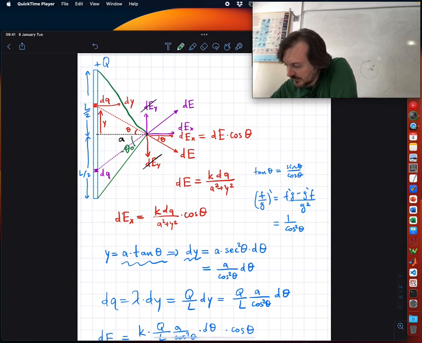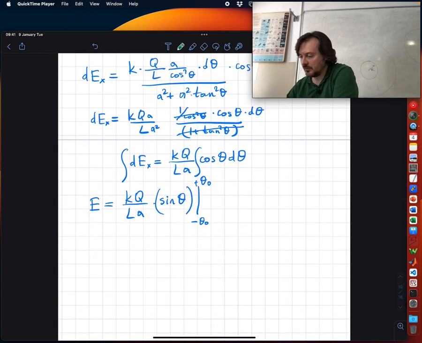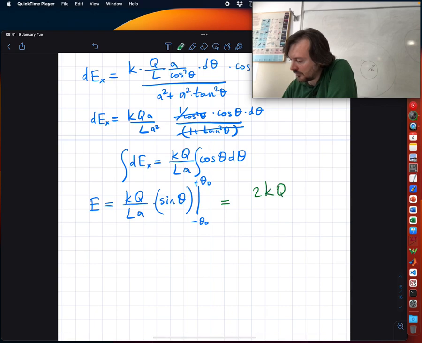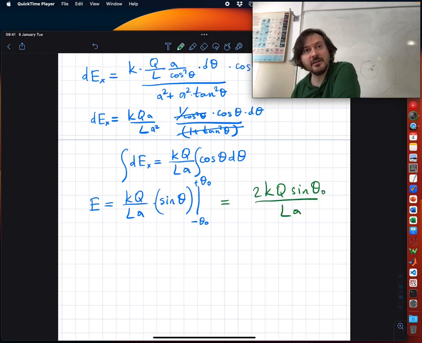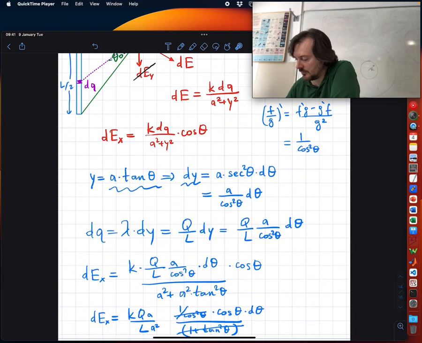This is the plus theta 0. Do you understand? Yes? So it's going to be 2kq sine theta 0 over LA. And what is sine theta 0? Sine theta 0 is L over 2 divided by the square root of L over 2 squared plus a squared.